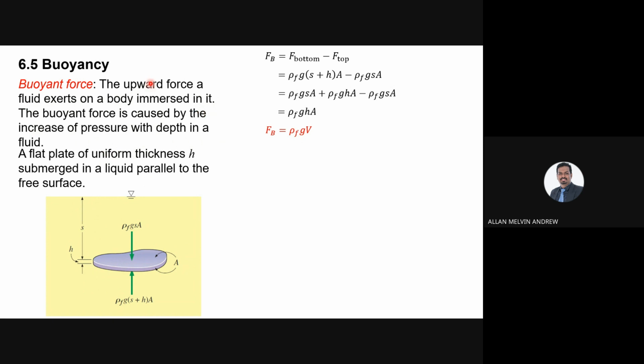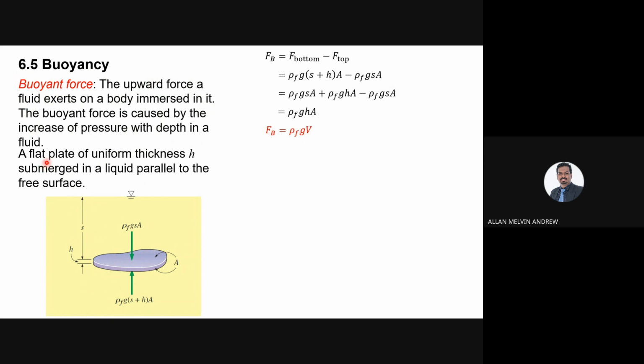So this is the upward force inside the fluid, and this is not happening by something artificial or created. This is a natural force. It's already available in nature, which engineers can use to settle a lot of problems.